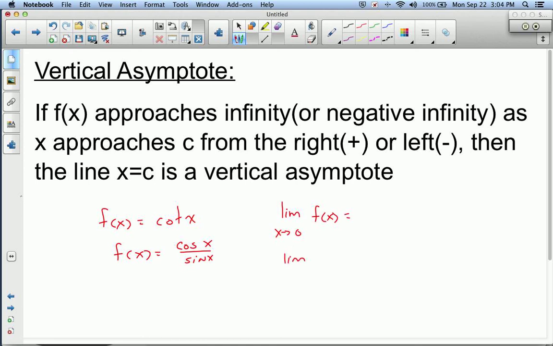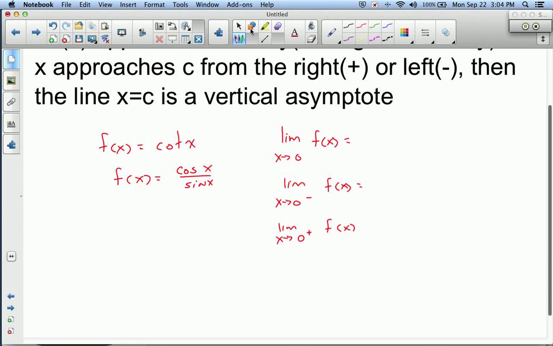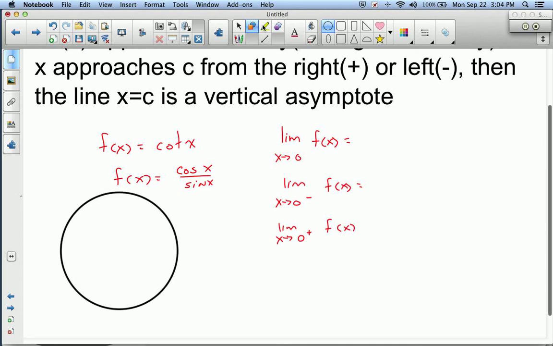So I want to approach x from the left and from the right. As I approach from the left, now this is tricky because you're thinking unit circle here. Approaching 0 from the left is actually values below it.